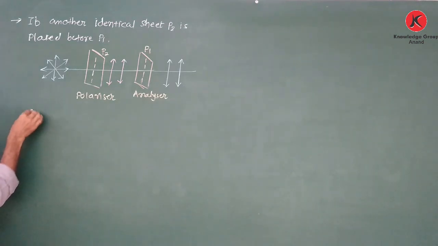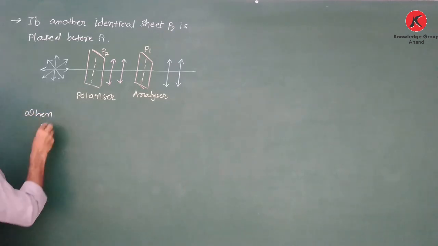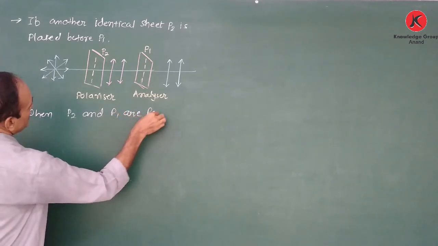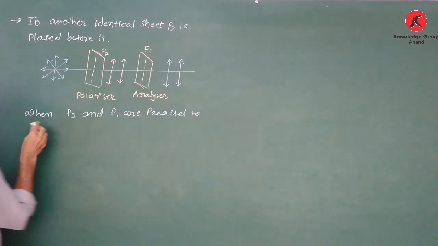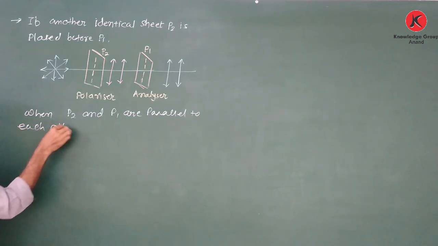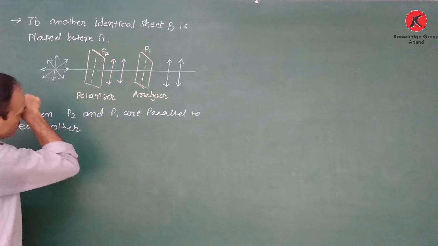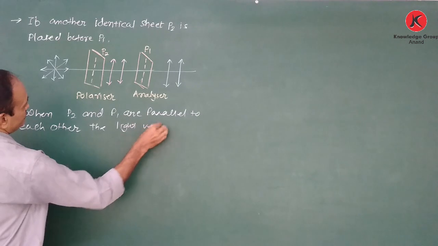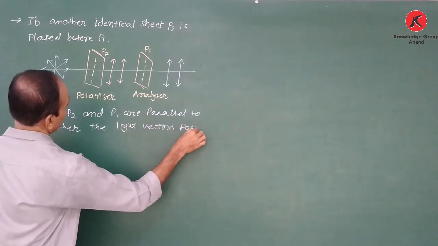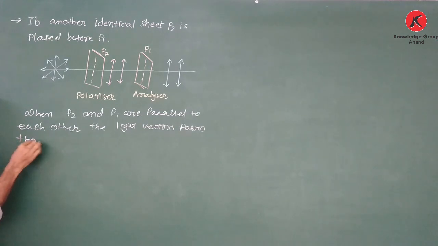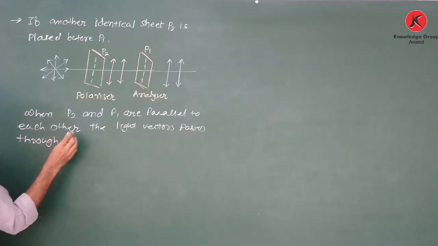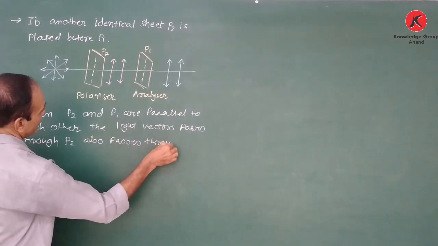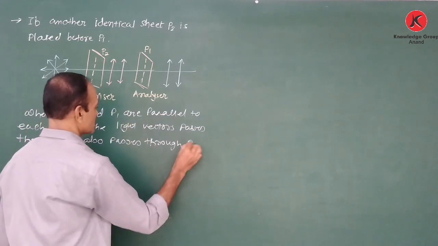So when P2 and P1 are parallel to each other, the light vector passes through P2 and also passes through P1.